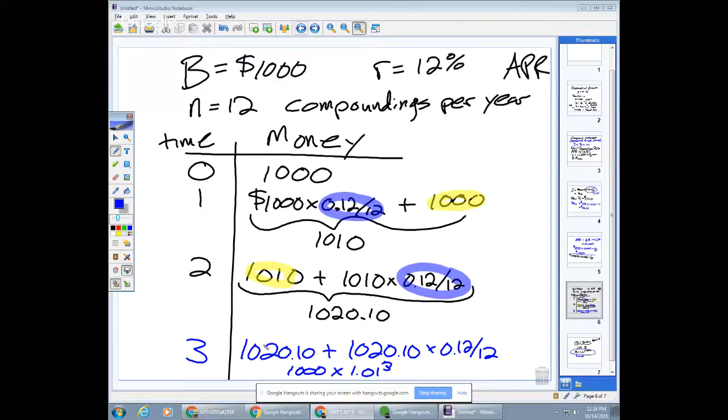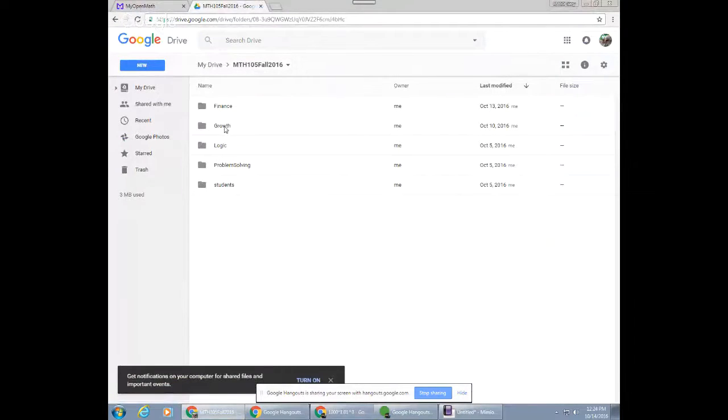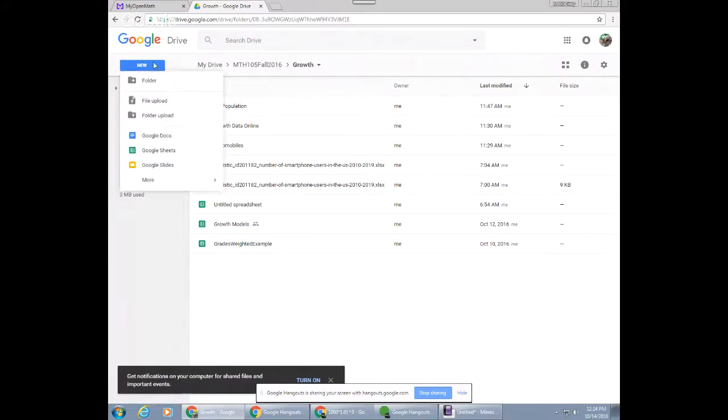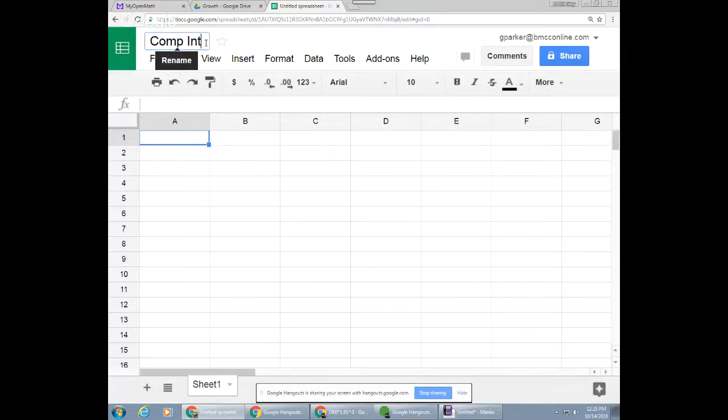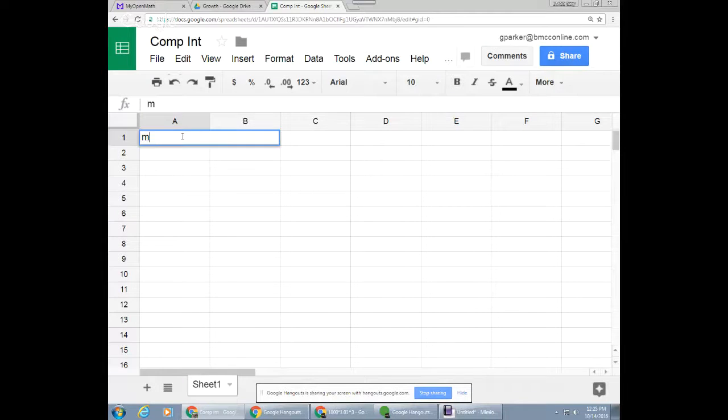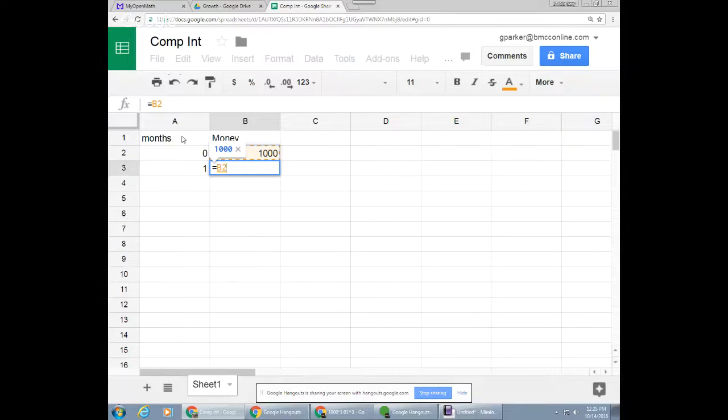All right, so I'm going to whip out a spreadsheet now. Let's see, growth models, new sheets. Call this compound interest. I have months, and I have money, and at first I have 1,000, and then after 1 month I have 1,000 plus 1,000 times 0.12 over 12.